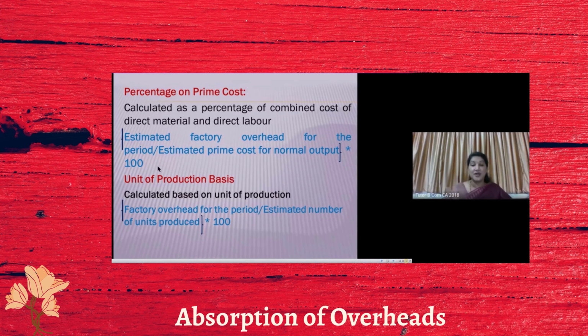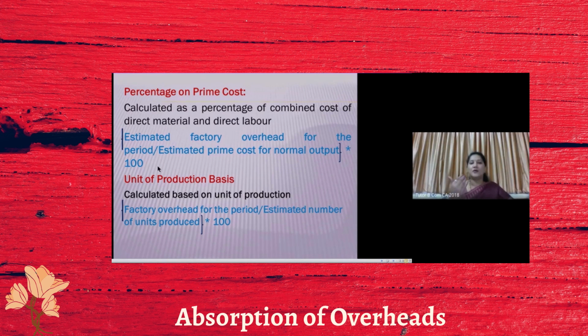And so the denominator would be estimated prime cost. The numerator remains the same. There is no change in the formula. It would be estimated factory overhead for the period, which is nothing but the total of our primary and secondary distribution summary. We can simplify that by just remembering the denominator. Okay, this can be asked both for theory as well as practical when we are thinking from the university pattern.